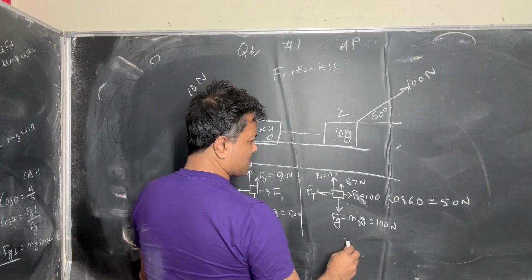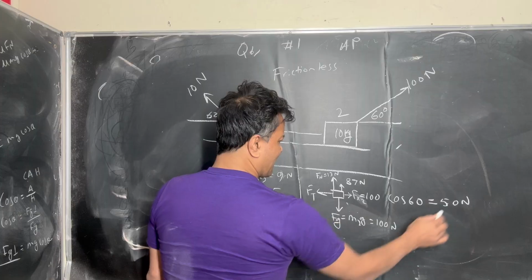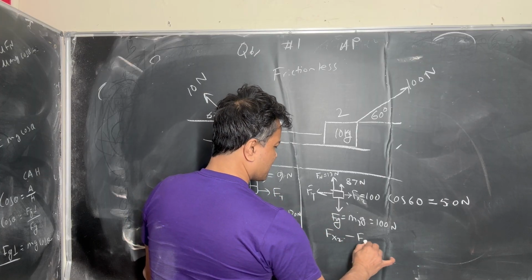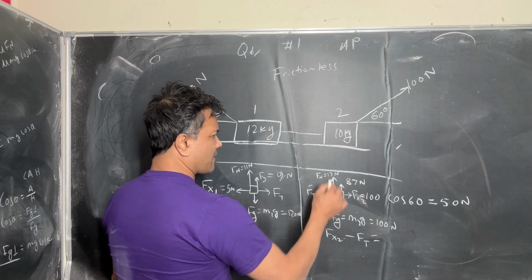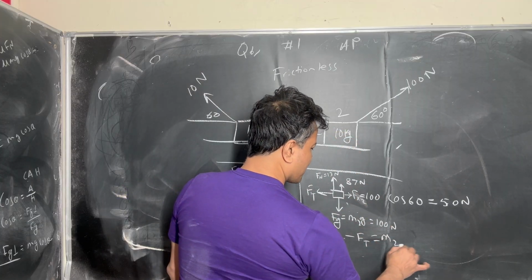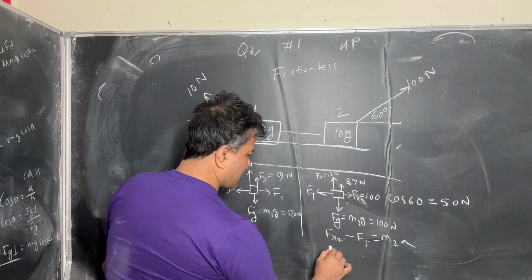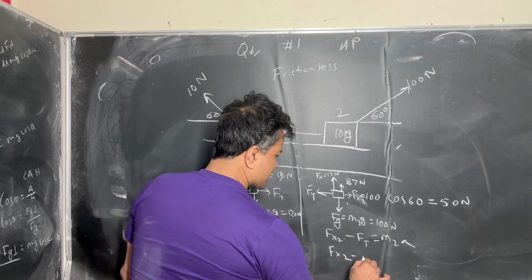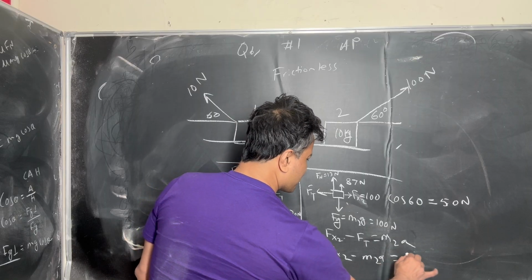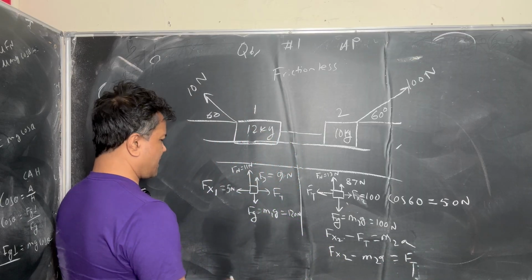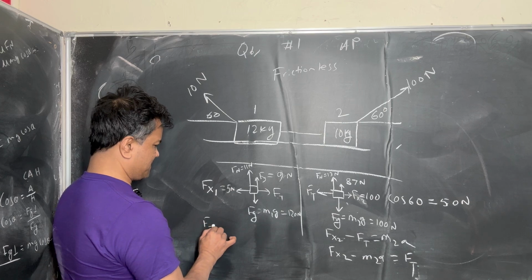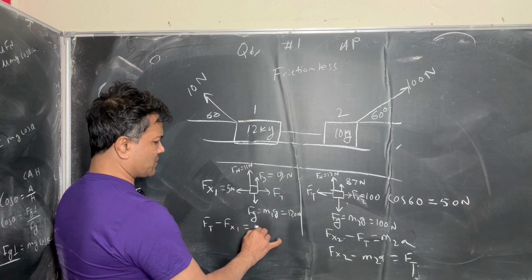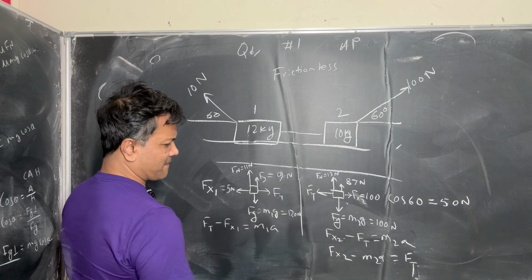Newton's second law tells us Fx2 minus Ft is equal to m2a. So Fx2 minus m2a is equal to Ft. Here you have Ft minus Fx1 is equal to m1a.